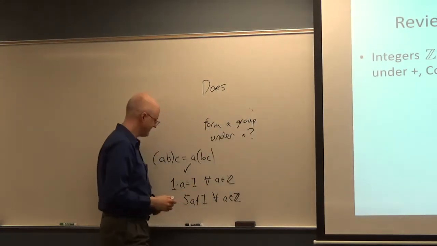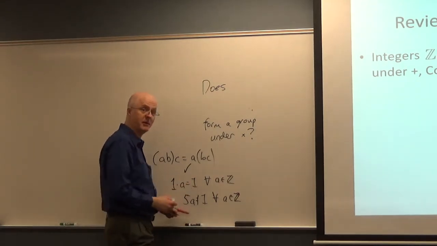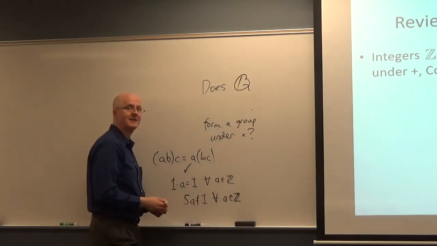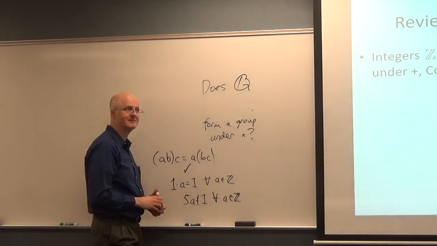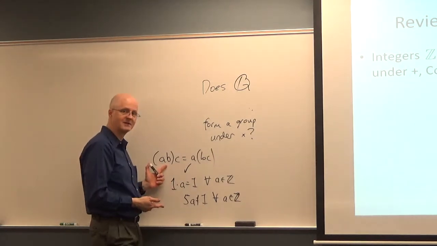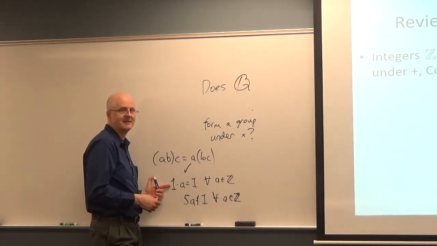Well, okay. 5 didn't have a multiplicative inverse that's an integer, but it does have a multiplicative inverse that's a rational number. Does the set of rationals form a group under multiplication? Got closure still? The product of two rationals is rational. Associative property still works. 1 is still a rational number. It equals 1 over 1. It also equals 7 over 7.